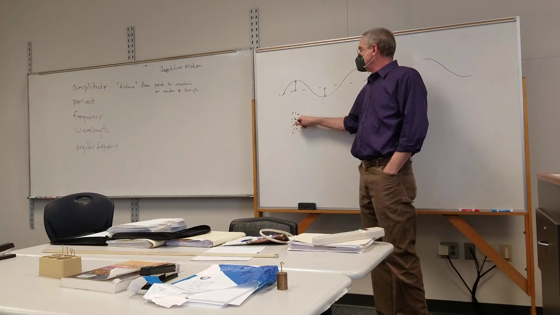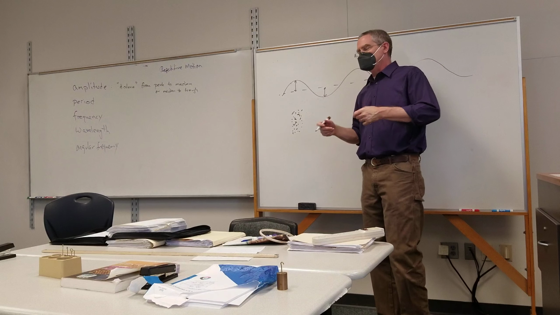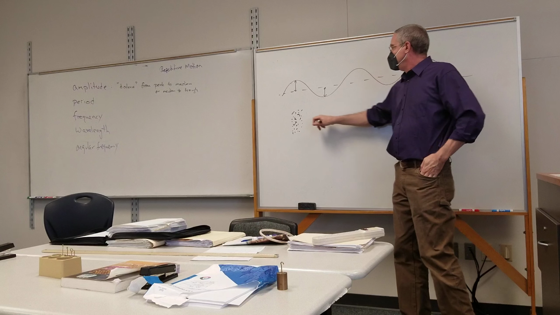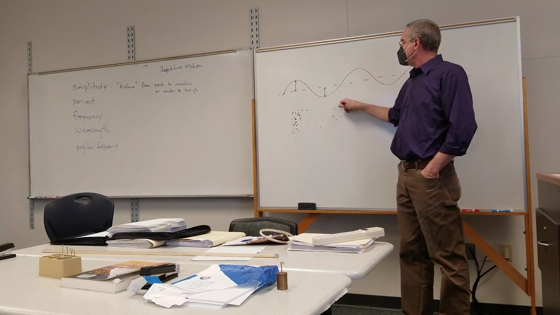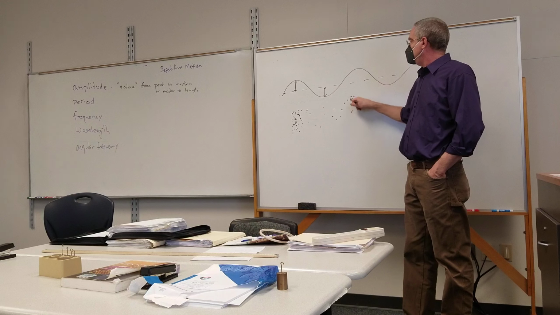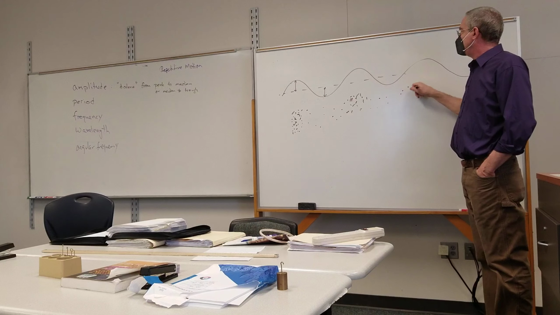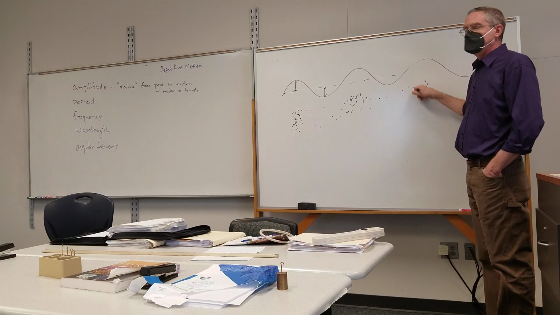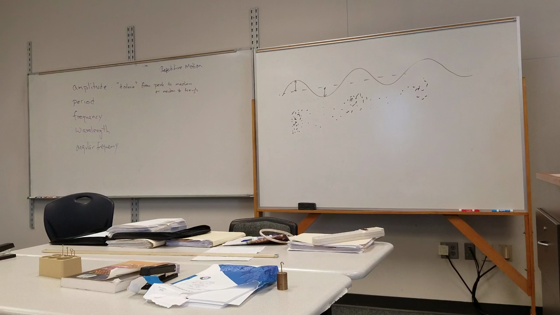You know, generally referred to as air molecules, even though I know that there's no really such thing as an air molecule. This is a high concentration, and then you've got not many right here, and then you've got a high concentration again, and then it tapers off, and then you got a high concentration again. It's just that this representation is kind of difficult to write. So we typically write it this way.